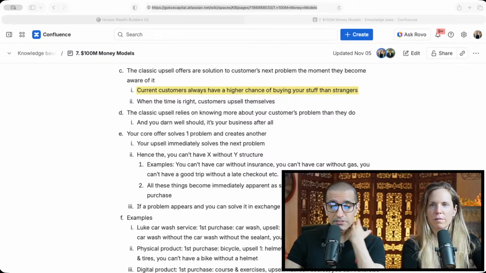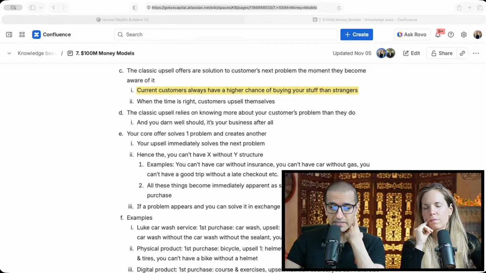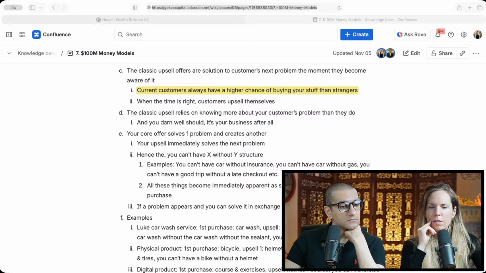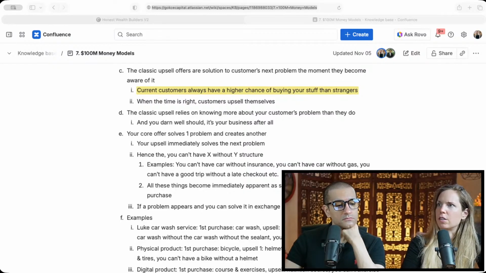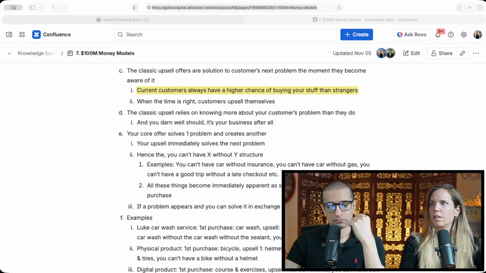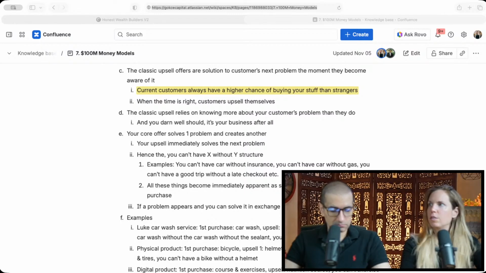So the classic upsell offers a solution to customers' next problem the moment they become aware of it. Do you think, maybe this is way too out there, but do you think for a lot of the customer base, it becomes like accountability or help with money management almost?